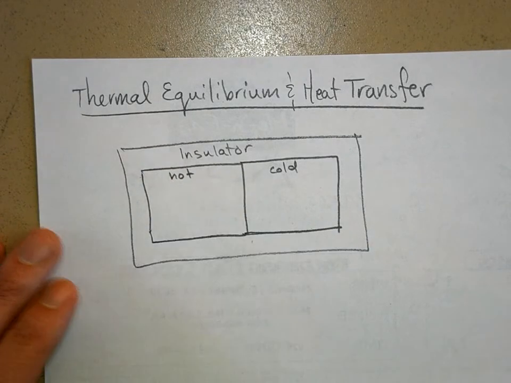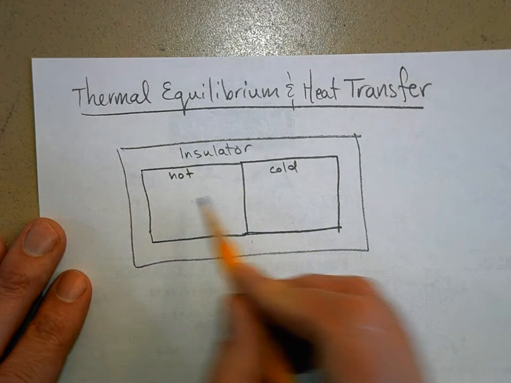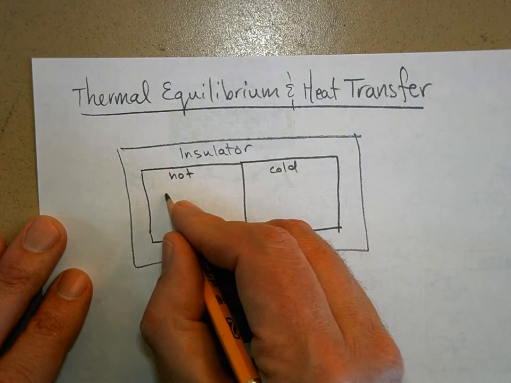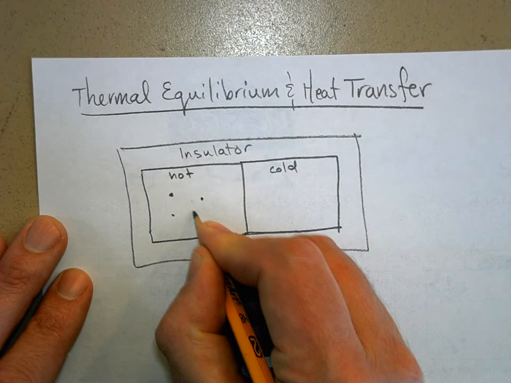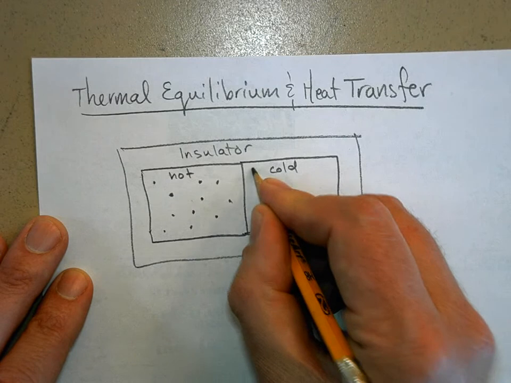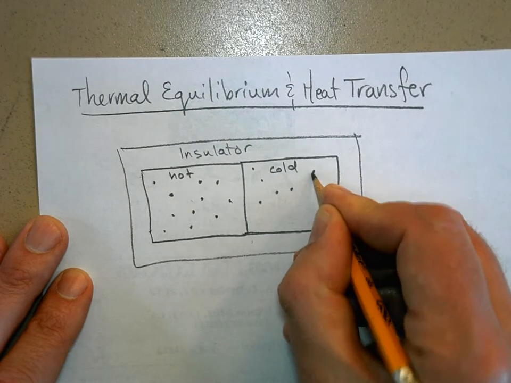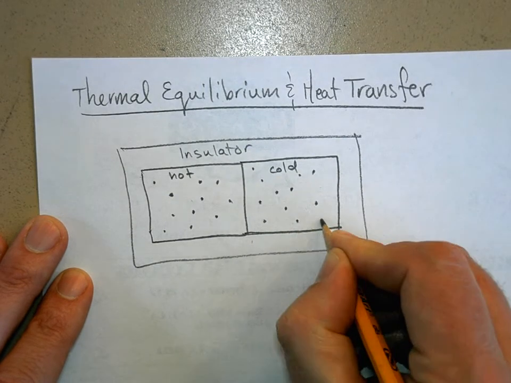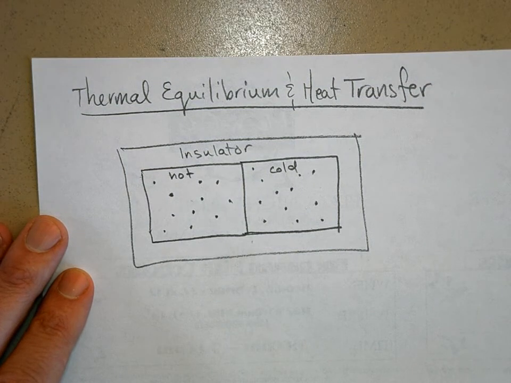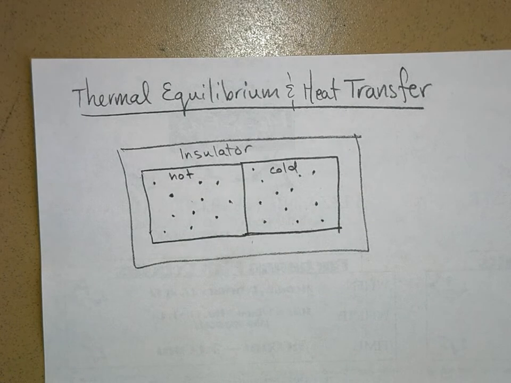Now, what makes the molecules in the hot container different from the molecules in the cold container of water? If I draw a few water molecules, just a representative sampling, and do the same thing over here, these molecules are at a higher temperature, which means they're moving at a faster speed on average.